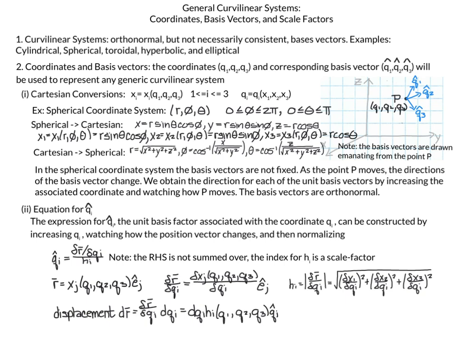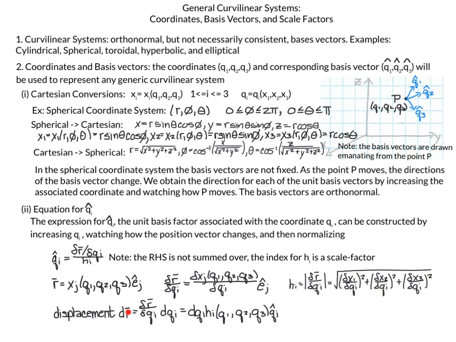We got the equation for the basis vector. The last topic we covered was taking a closer look at that h sub i scale factor, which tells us, for coordinates that aren't naturally measured as a distance, how we can interpret the change in the position vector based on changes in our coordinate qi.